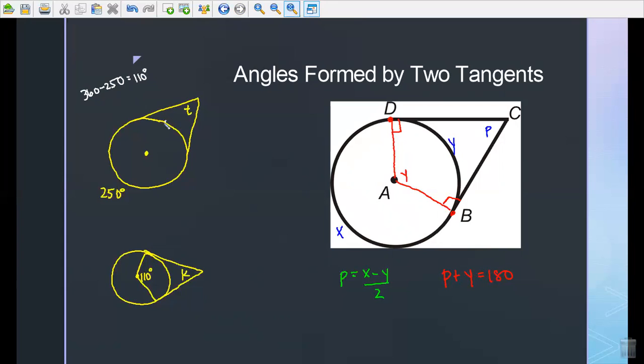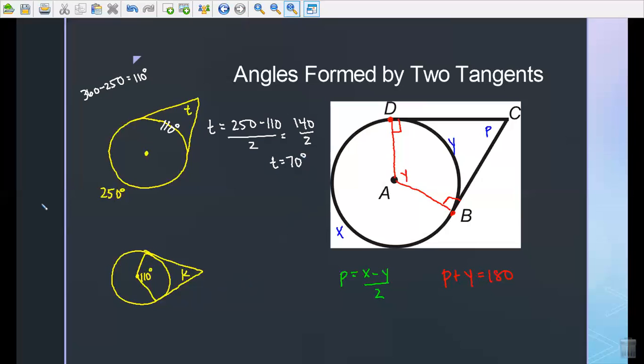I did not do a very good job of these problems because they ended up being the same. But I have this 110, so I'm just going to use what we did before with the secants. So we could say that t is going to be the big arc minus the little arc divided by 2. Okay, so 250 minus 110, that's going to be 140 divided by 2. So t is 70 degrees.